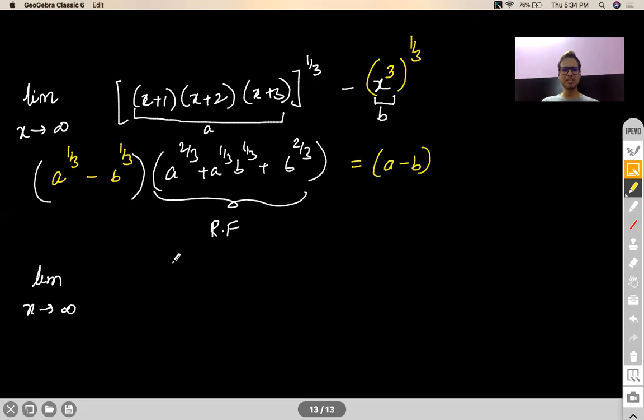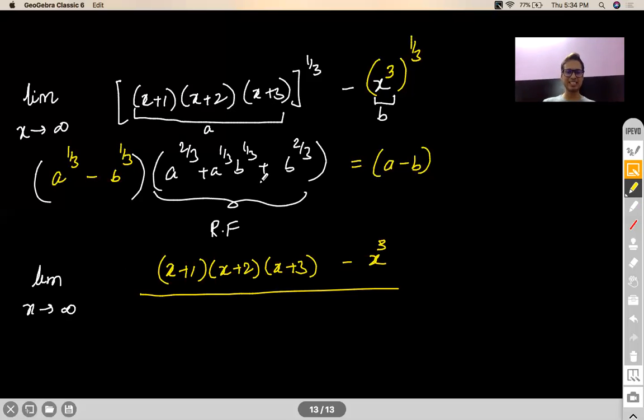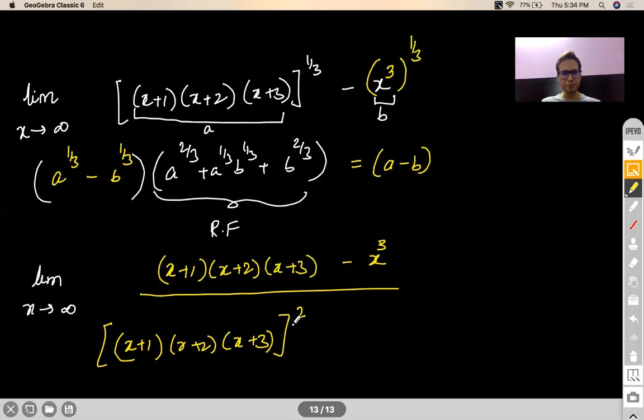So numerator will become A minus B. Okay. After rationalizing, numerator will become A minus B. Denominator will become this term, the rationalization factor, which is x plus 1, x plus 2, x plus 3, to the power of 2 by 3.